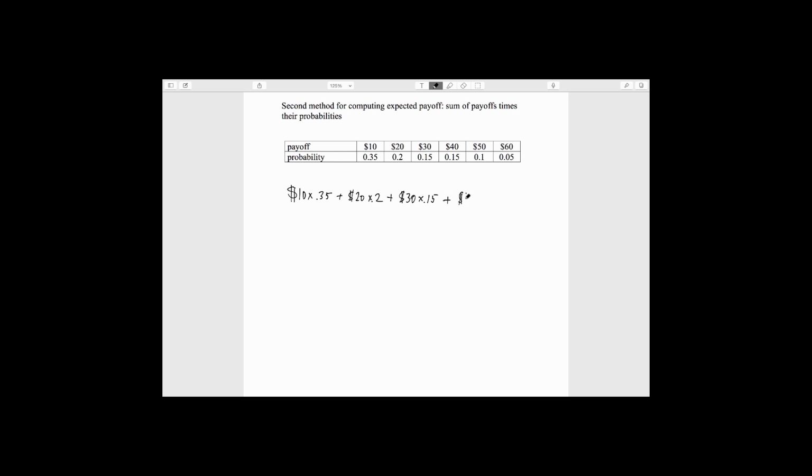Plus $40 times 0.15 plus $50 times 0.1 plus $60 times 0.05. Please do not omit the 0 in 0.05. When we compute, lo and behold, it turns out that this also equals $27.